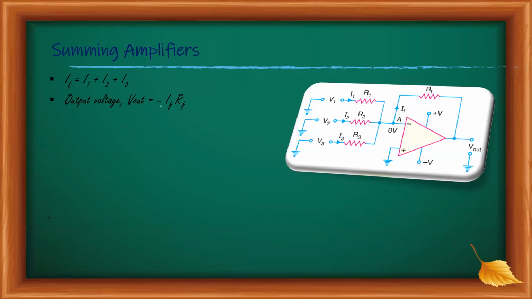Or it can be obtained from Kirchhoff's second law, as we know that the current through the RF resistor must be equal to the voltage across RF divided by RF.